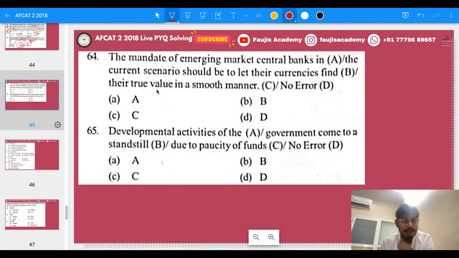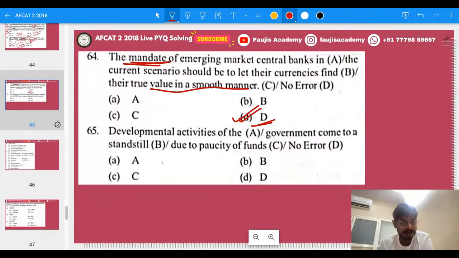There is no particular error in this sentence, so let's go ahead with D as the answer. Since there is no error, you should not come back to me asking, sir, where is the error? There is no error.